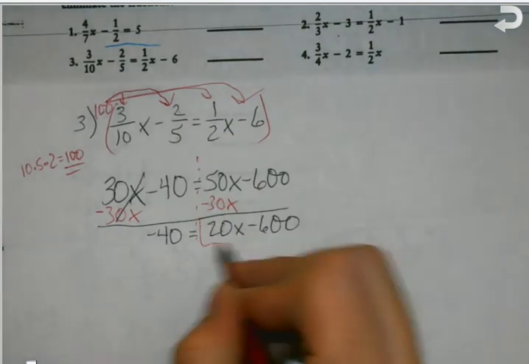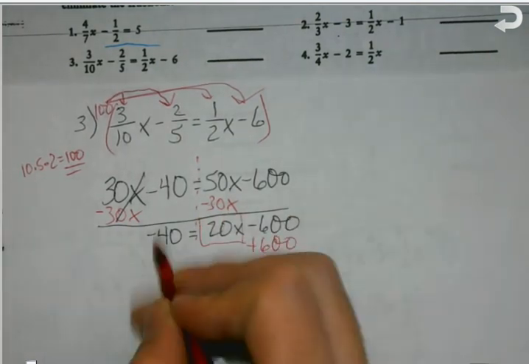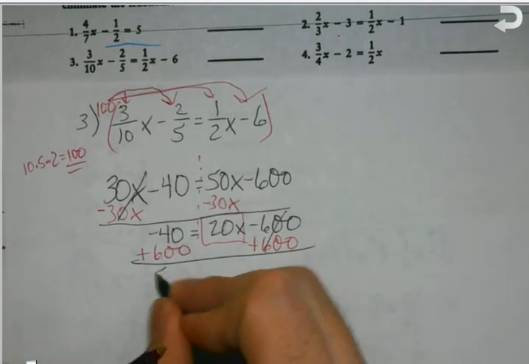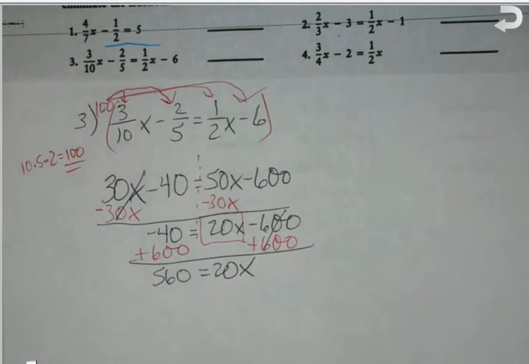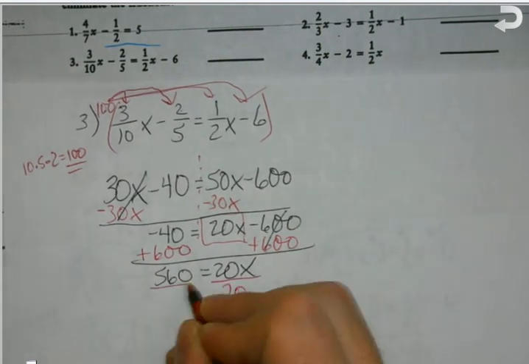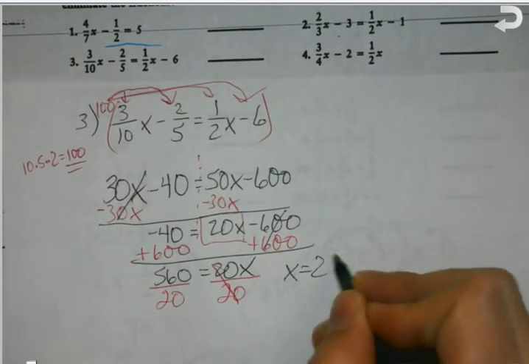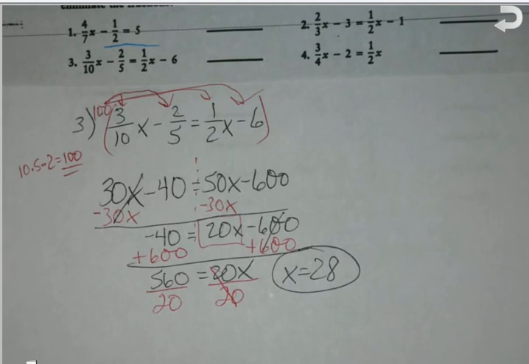I'm trying to get the x's alone, so I need to get whatever's with that out of there. And then we just divide. So we're not doing anything crazy. We're just working at getting through to the end.